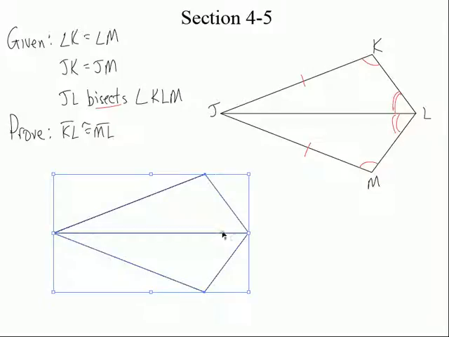Chandler, I think I know what you're asking. If this angle and this angle are equal to each other, then this side and this side. You said JL bisects this angle, right? So you're saying that this angle equals this angle because it bisects it, but you're also saying that this side equals this side right here. Is that what you're saying?